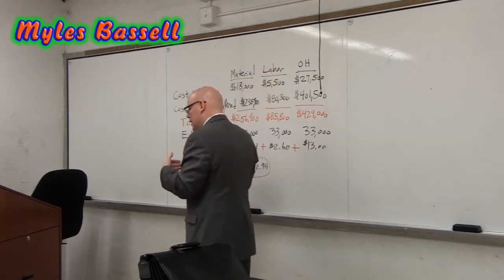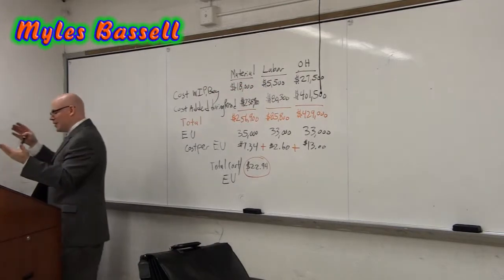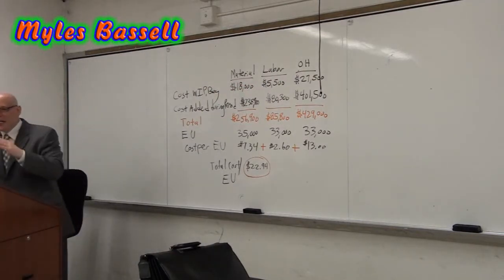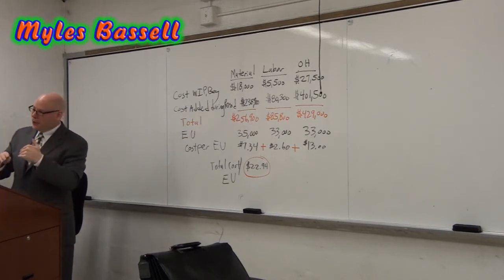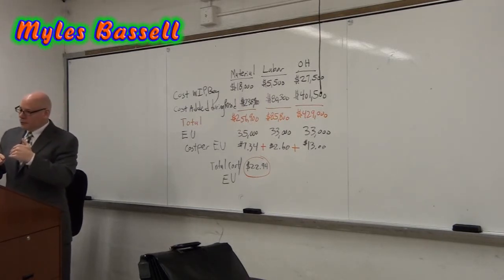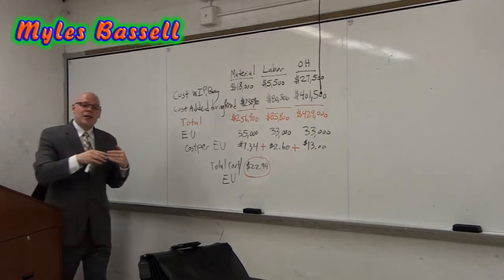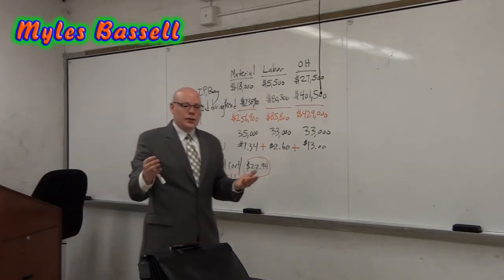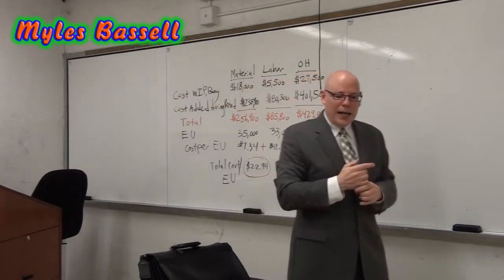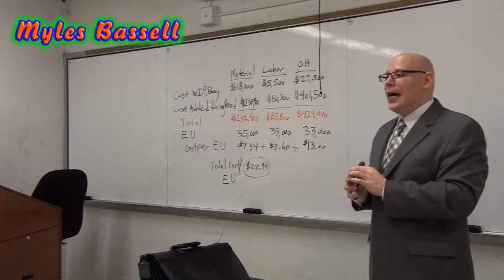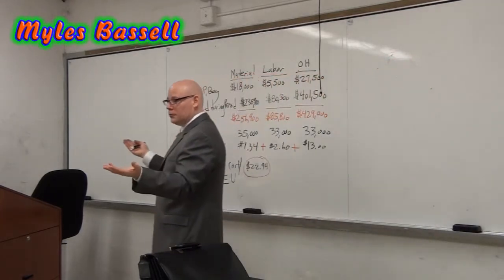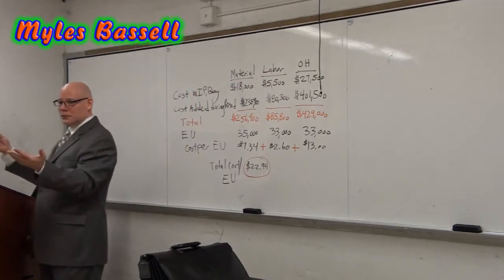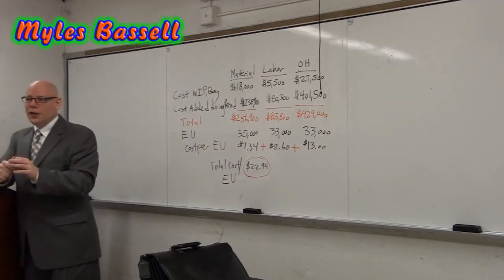And remember we said, well, what was the work in process that we had at the beginning of the period, and what was the work in process that we had at the end of the period? And if we had, let's say, 30,000 at the beginning of the period and 10,000 at the end of the period, then what does that mean? Who could tell us?